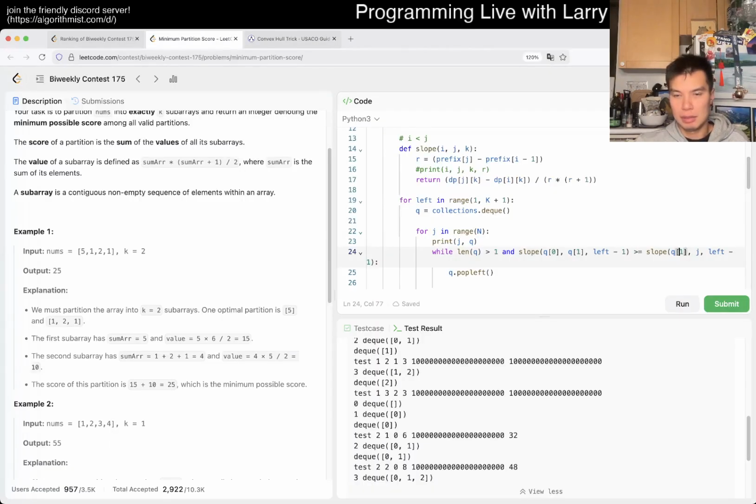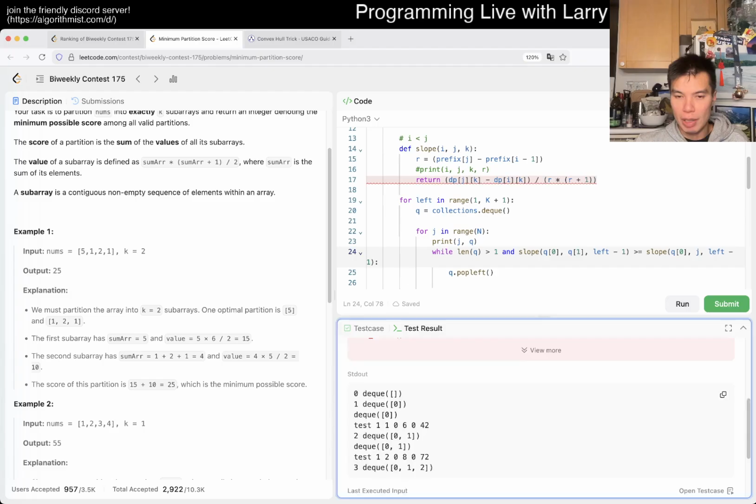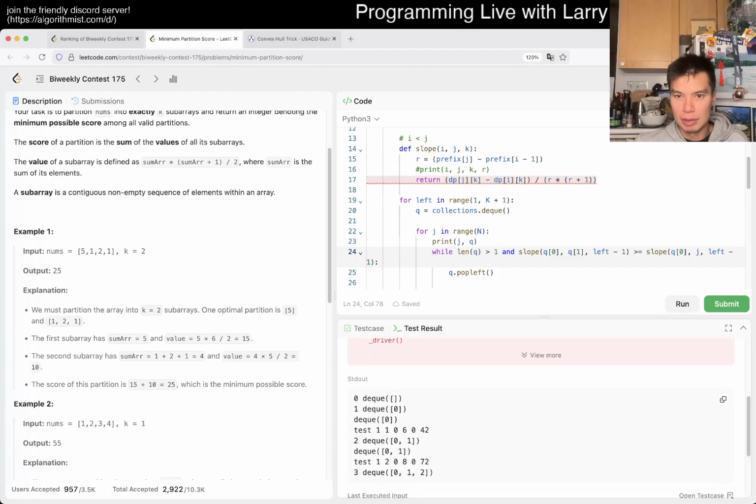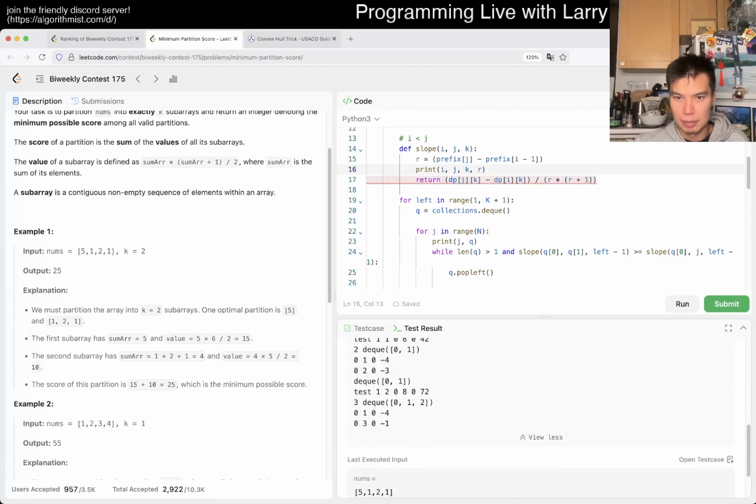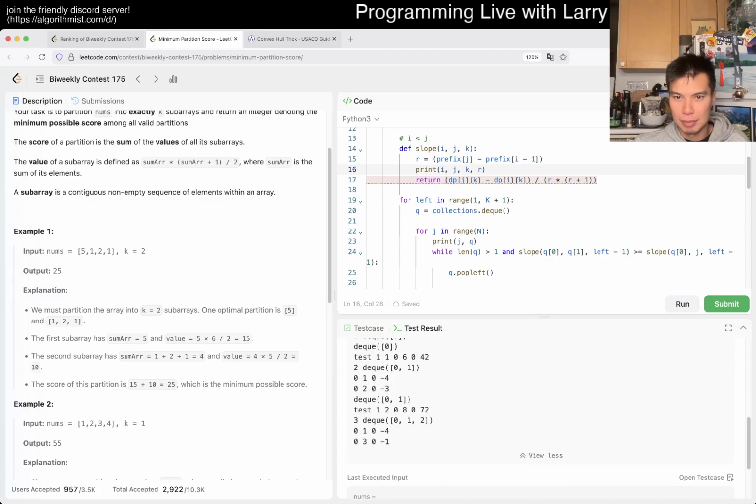No, I mean, maybe here. I don't even know why we're getting divided by 0. Well, I think divided by 0 if R is -1, which is a little bit weird. IJ.